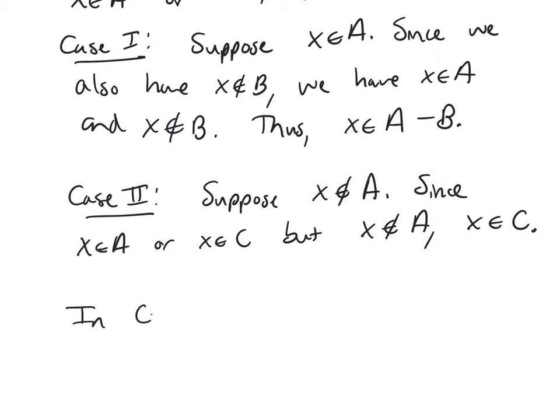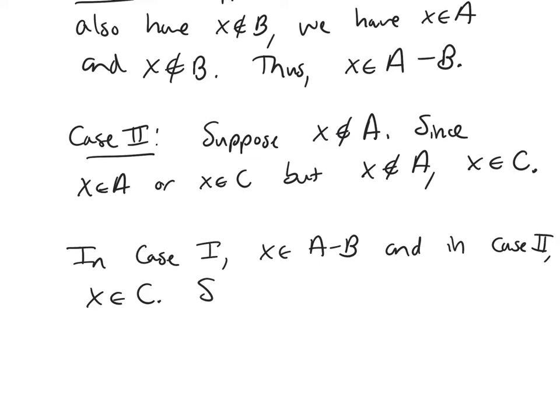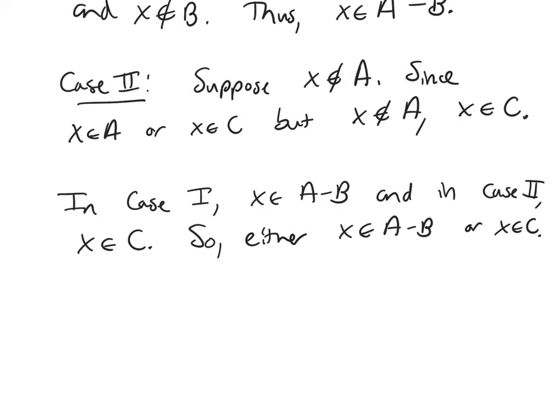In case one, X was in A minus B, and in case two, X was in C. So either X is in A minus B or X was in C, giving X is in A minus B union C.